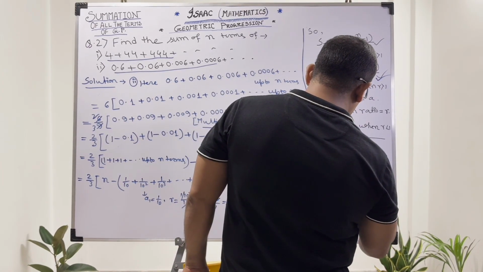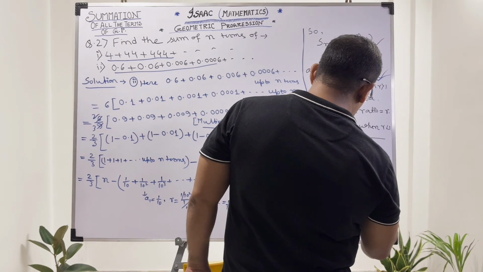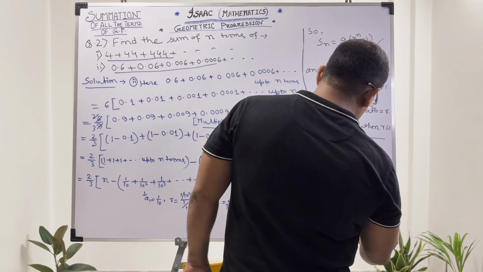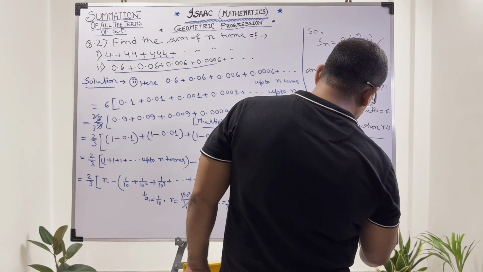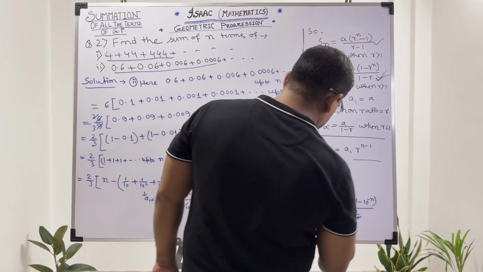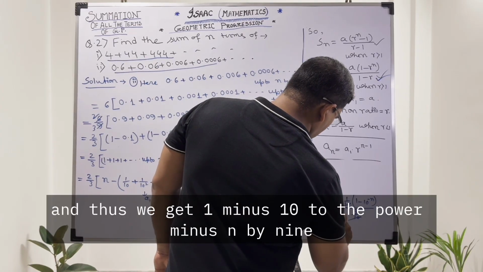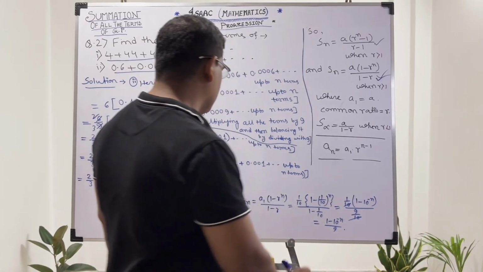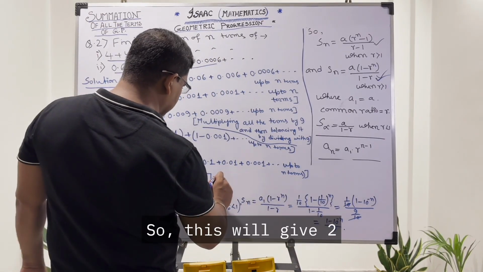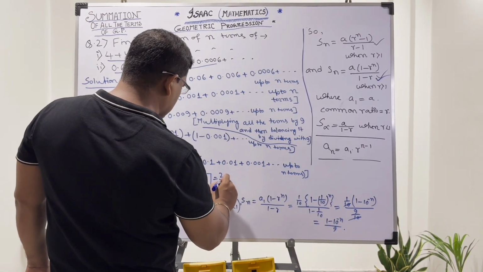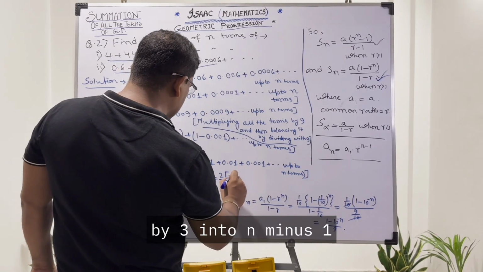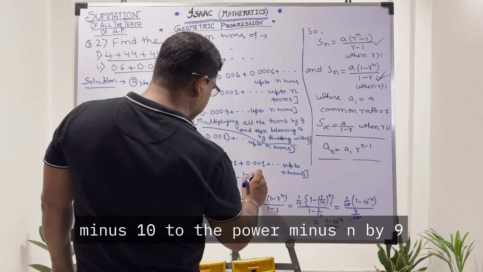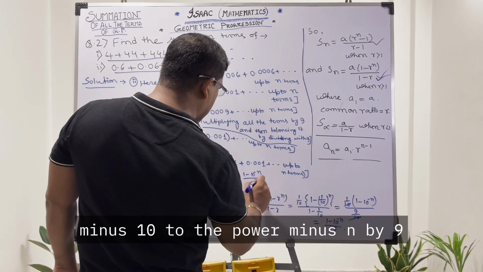That is 1 by 10 into 1 minus 10 to the power minus n by 9 by 10. We can cancel this 10 and thus we get 1 minus 10 to the power minus n by 9. Okay. So this will give 2 by 3 into n minus 1 minus 10 to the power minus n by 9.